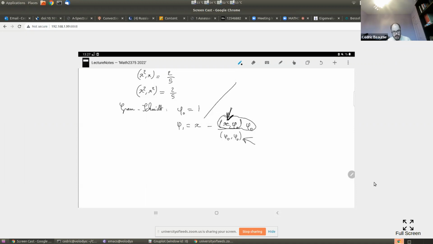Does that make sense? Can someone tell me if there's any difficulty in this explanation? We're good. It's crucial. If you understand this explanation, the whole concept of Gram-Schmidt decomposition becomes trivial, and you don't have to learn anything. Does that make sense?